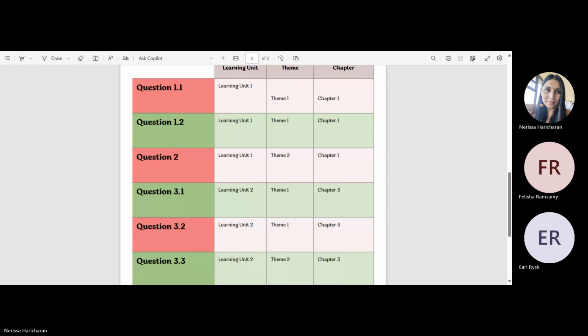3.2, okay, is learning unit 2, theme 1, sitting in chapter 3, also has to do with outsourcing. So think of the company Technova. They are outsourcing the transport from their warehouse to their customers. With the use of examples, you need to discuss any 2 benefits and any 2 risks that's now associated with outsourcing.